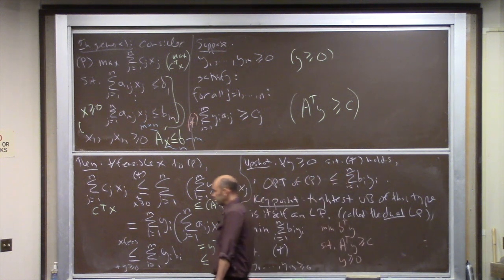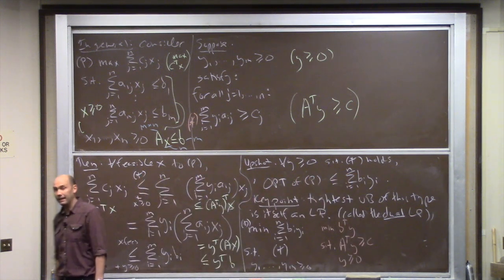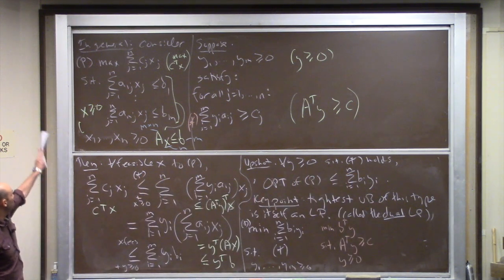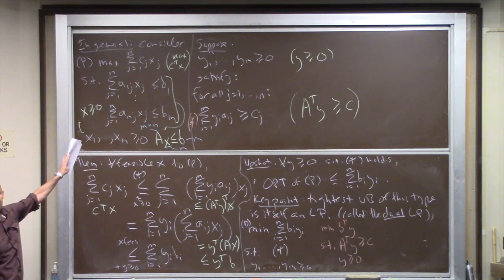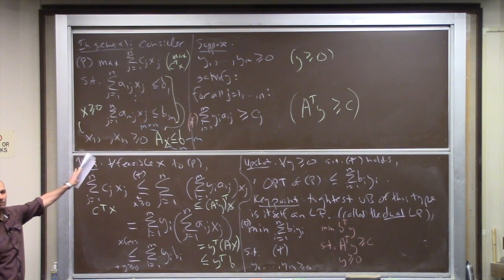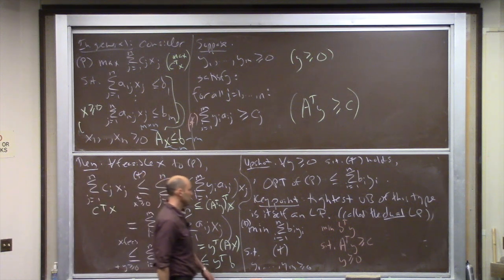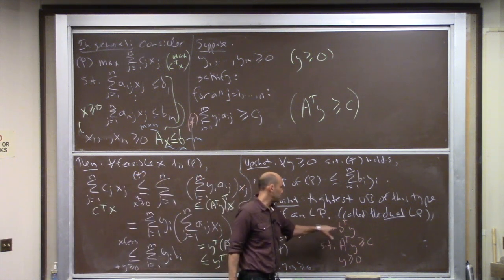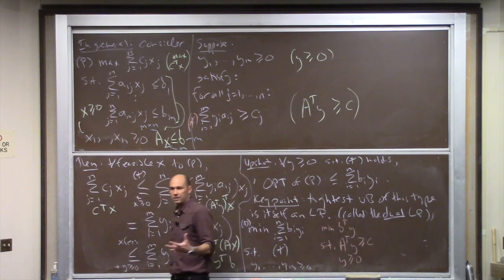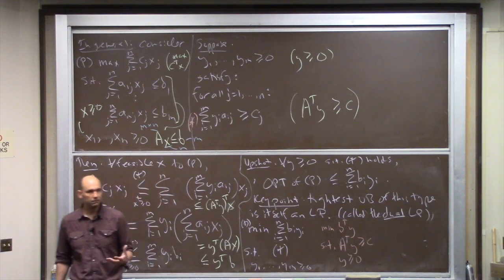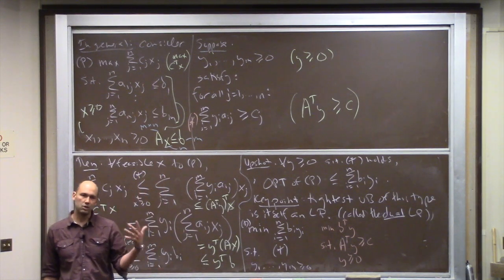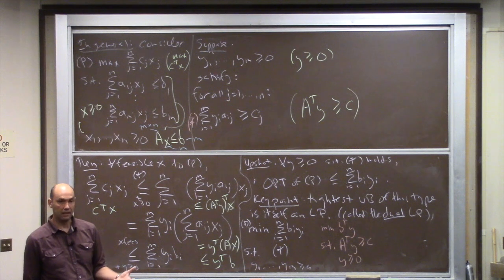So to review, consider any linear program of the form on the upper left. Max C transpose X, subject to AX at most B, and X non-negative. Every linear program of that form has what's called a dual linear program. The dual linear program minimizes B transpose Y, subject to A transpose Y at least C, non-negative linear combinations to dominate the original objective, and again, Y non-negative.